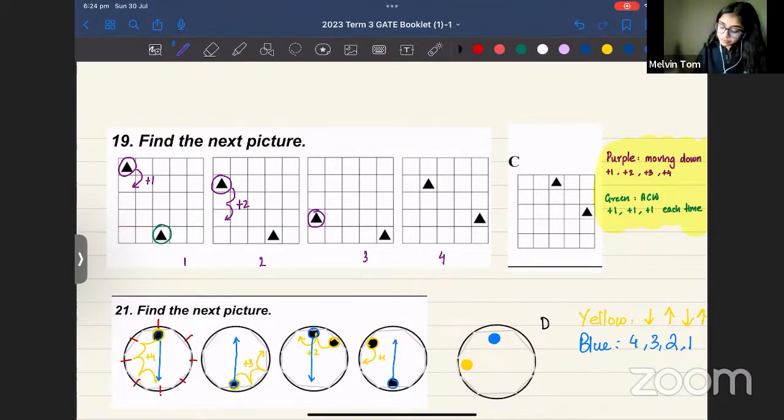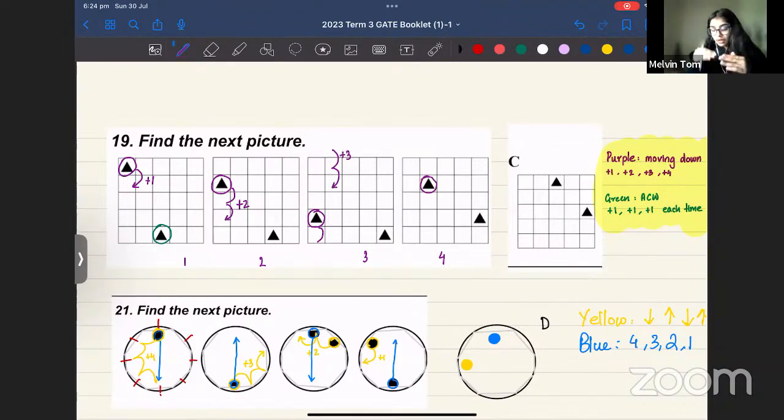All good? Now, here is the tricky part, and this is what makes this question, I'd say, confusing. It's actually moving plus 3. I'll tell you how. It's moved once, and then it moved twice, and now it's moved thrice. This makes sense?